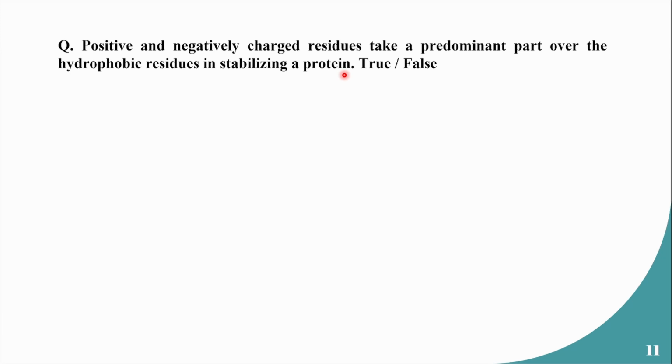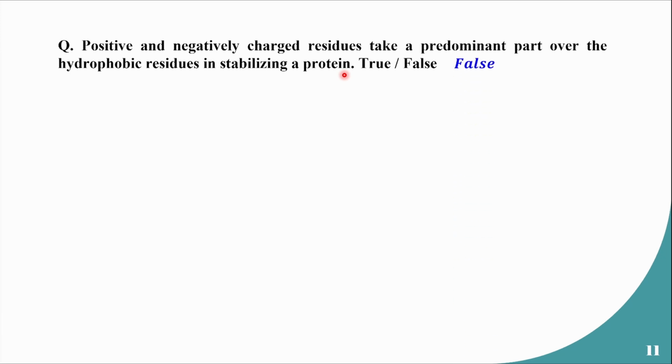As we discussed in earlier classes, the predominant driver of 3D folding in a protein was the hydrophobic clustering, right? The hydrophobic forces, in an entropy driven way, clump together to give the core part of the protein structure, away from the solvent.